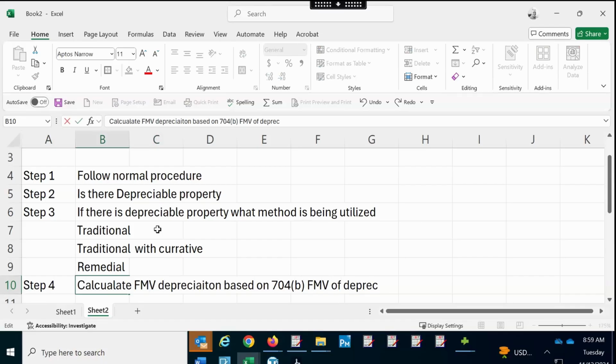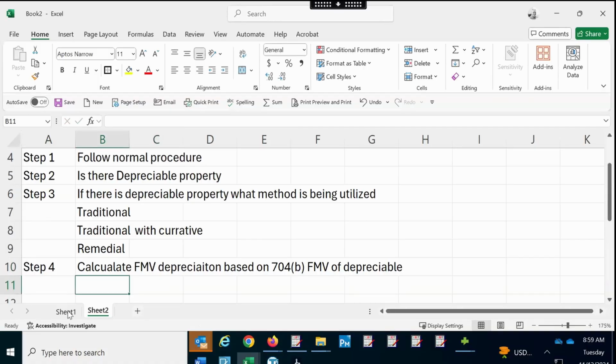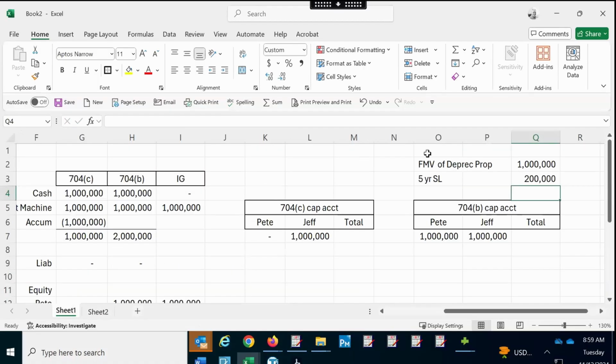So what was the fair market value? $1 million. $1 million. Okay, so right now, we were through step 4, are we not?